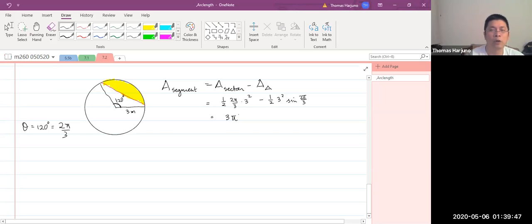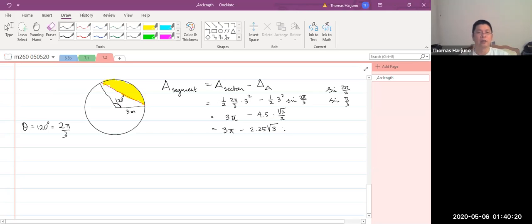The 2 cancels, the 1 over 3 cancels, minus 4.5 sine 2 pi over 3. Sine 2 pi over 3, that's 120 degrees. Anyway, the reference angle is pi over 3. Sine pi over 3 is radical 3 over 2. So that's 3 pi minus 2.25 radical 3.